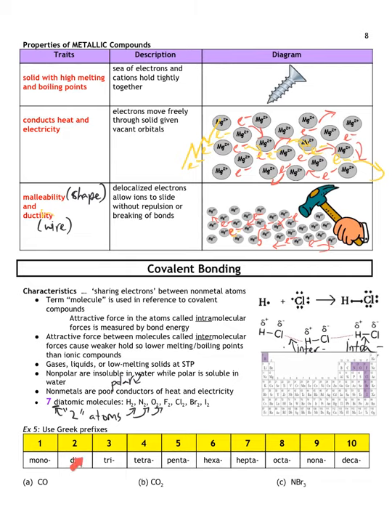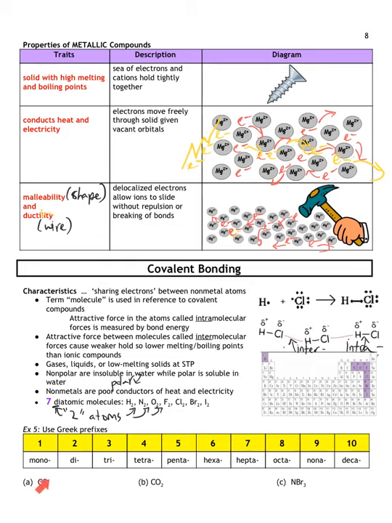So you already know many of these. When naming covalent compounds, you name all the elements by their Greek prefixes. However, you never use the word mono for the first element, even if there's 1 atom of that element.